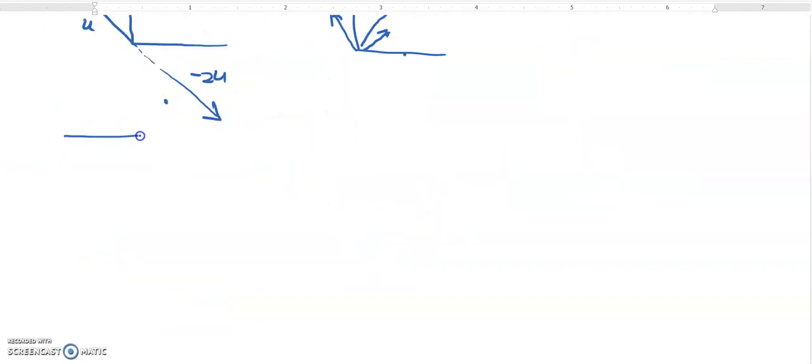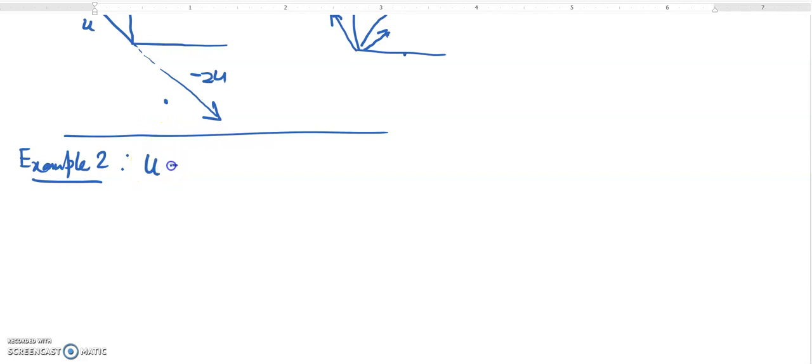Okay, the next question, example 2 in this case. Let's say we have two vectors, u is 1, minus 2, 6, and v is 0, 4, minus 1.